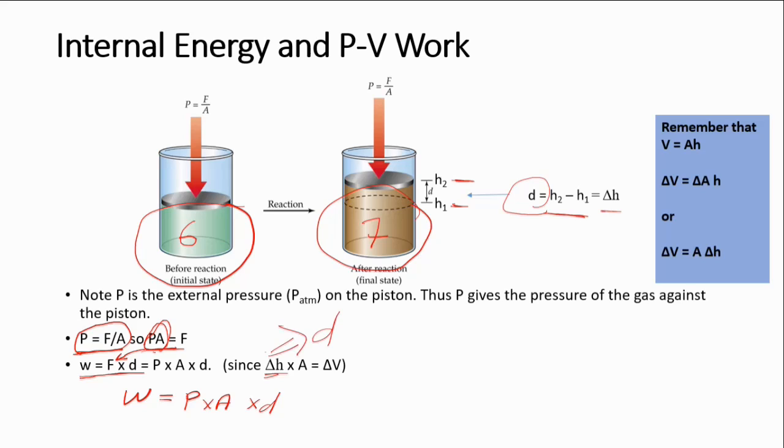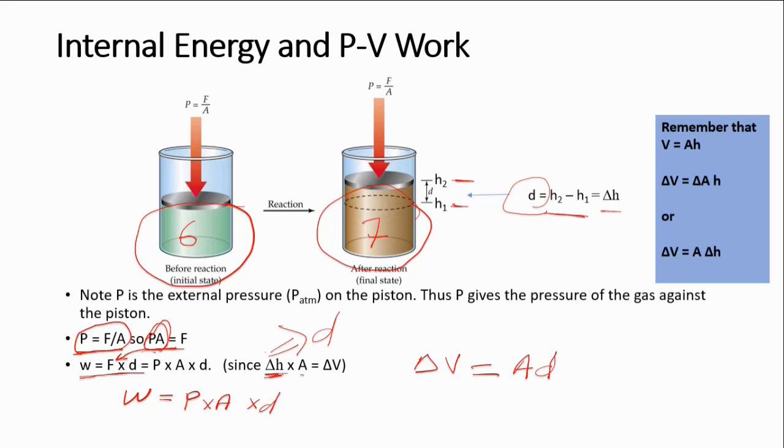The change in the volume of the cylinder can take place via two mechanisms. Either there's an increase in the cross-sectional area A, or there's an increase in its height. In our case, there's an increase in the height, because the piston moved upwards by some amount d. So we could remove delta H and write delta V is equal to A times d.